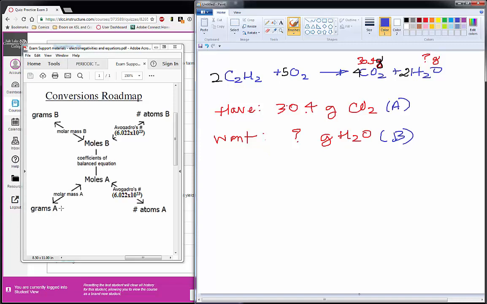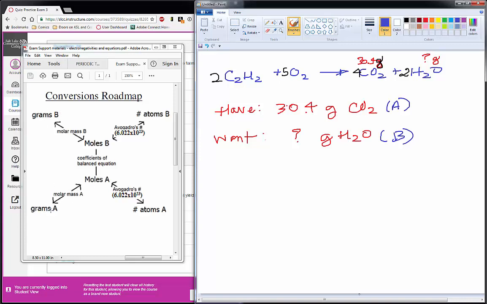That's my current location on the map because this is a map. They want grams of B. That's over here. This is my destination. And the map tells me how I can get from grams of A to grams of B.